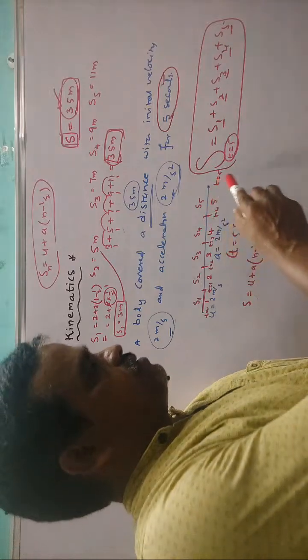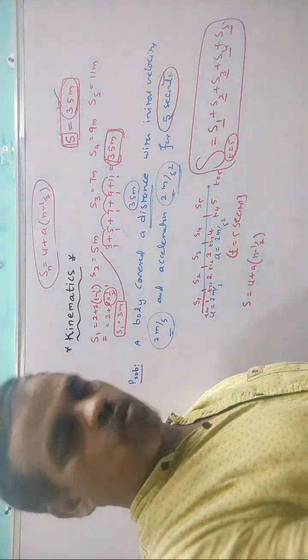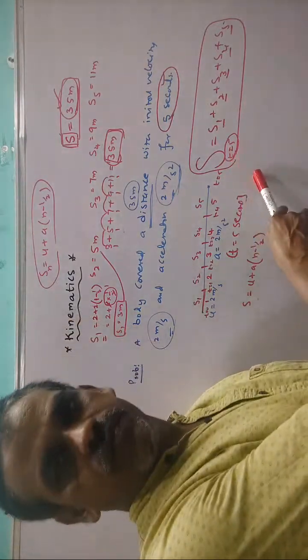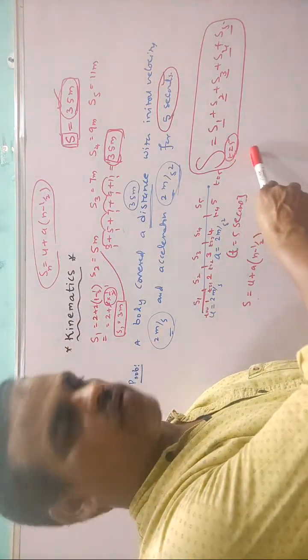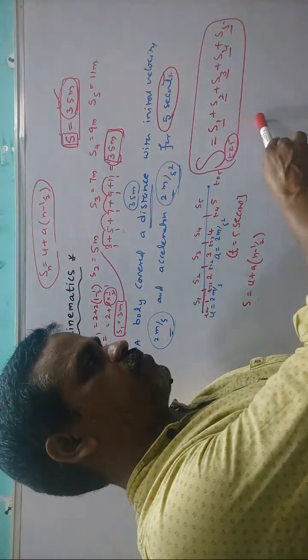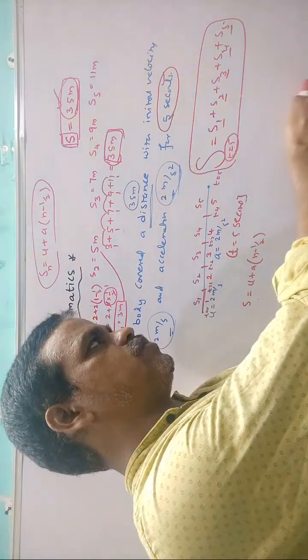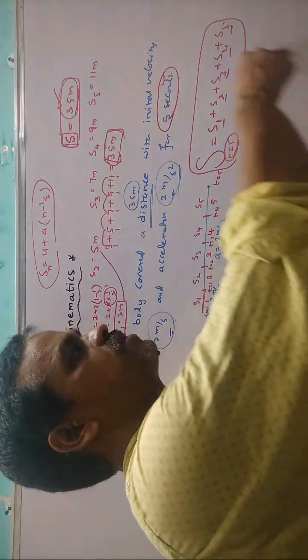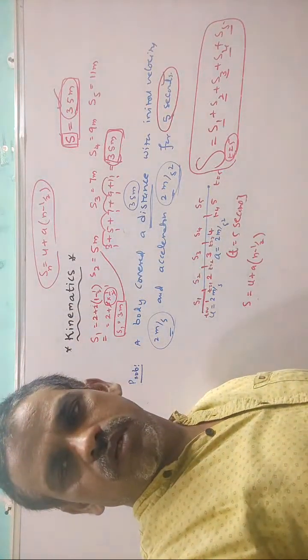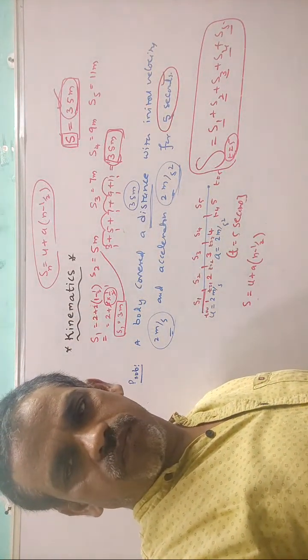So that is right. The total displacement covered by the body in 5 seconds is equal to the first second displacement plus second displacement plus third second displacement plus fourth second displacement plus fifth second displacement. So is it right or not?